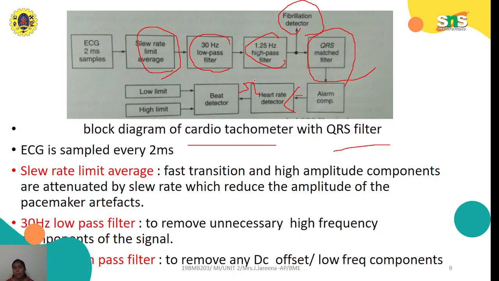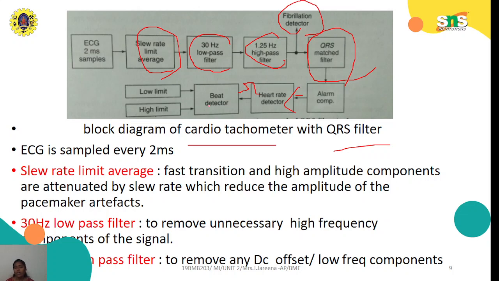The pulse with some amplitude and duration is going to be compared with this low limit and high limit, and it will count these pulses for some period of time. It means it is going to take an average of some beats in order to display the heart rate.